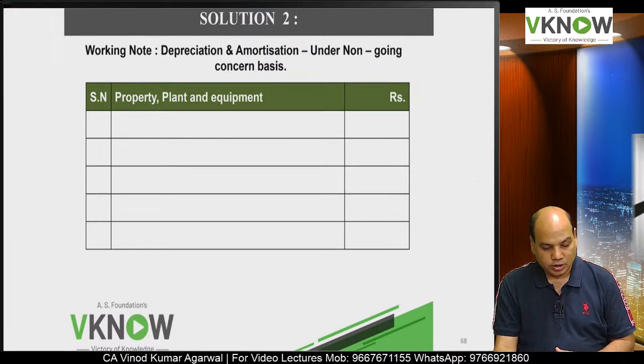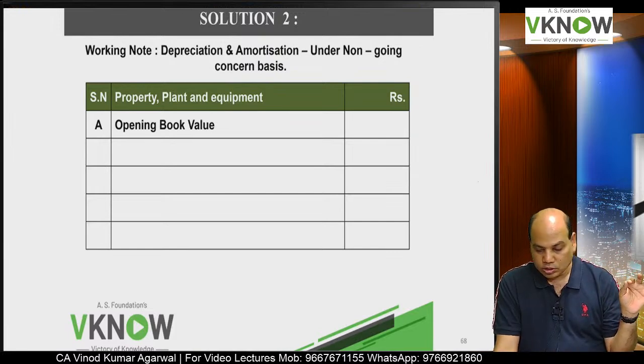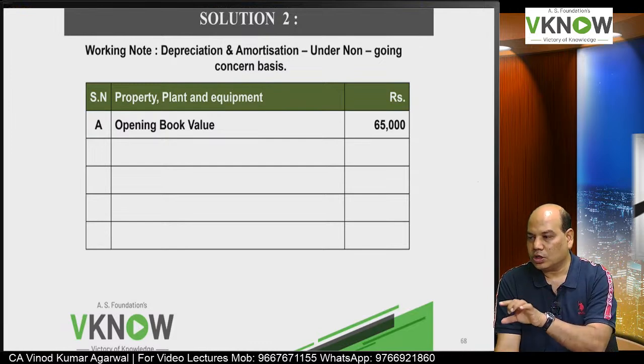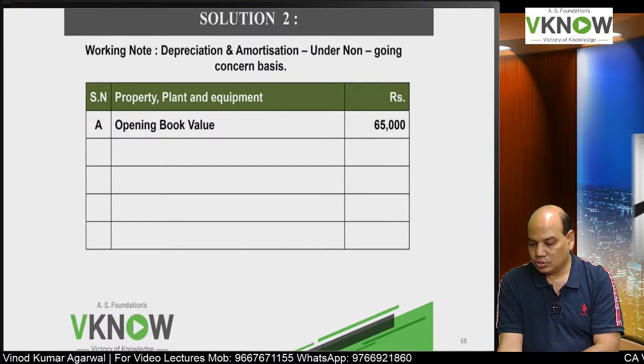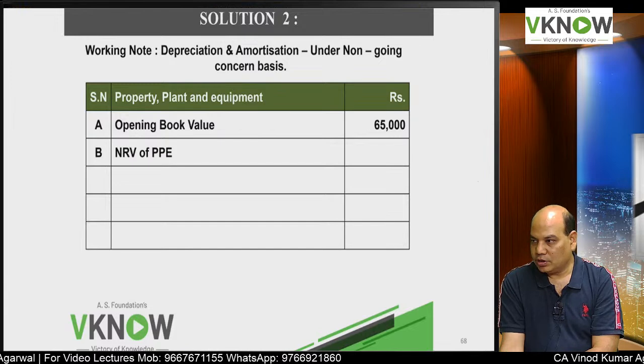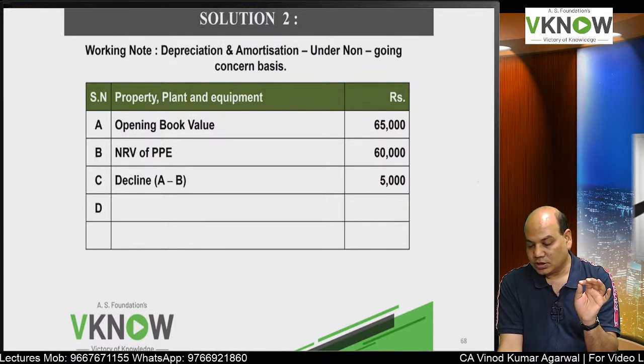So PPE, if it is not going concern, we will simply compare opening book value with the closing realizable value. Opening book value 65,000 and NRV 60,000. So therefore decline 5,000. This will go to P&L account, and in balance sheet we will present 60,000.